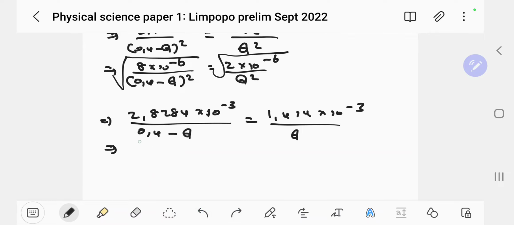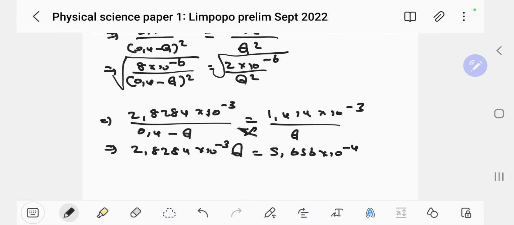So we're going to have here 2,8284 times 10 to the minus 3 d, equals, and then when we multiply the 0,4 times 1,414 times 10 to the exponent minus 3, I'm getting 5,656 times 10 to the exponent minus 4 minus 1,414 times 10 to the exponent minus 3 at d. It's going to be like that. So we are essentially sorted.